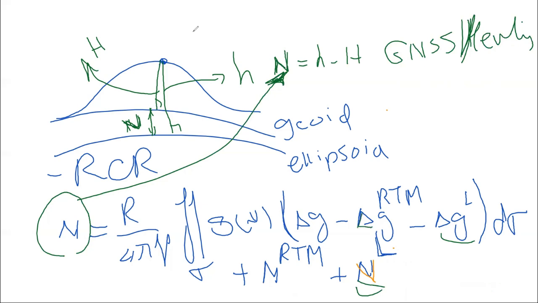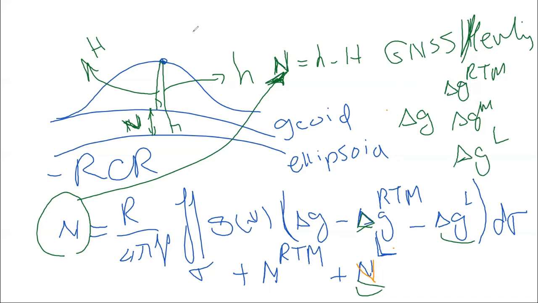And also the RTM. What is happening? Well, if I have gravity anomaly here, and if I remove the high frequencies, RTM, then I remain with the medium frequency and delta G from low frequencies. If you look, this signal is much stronger.